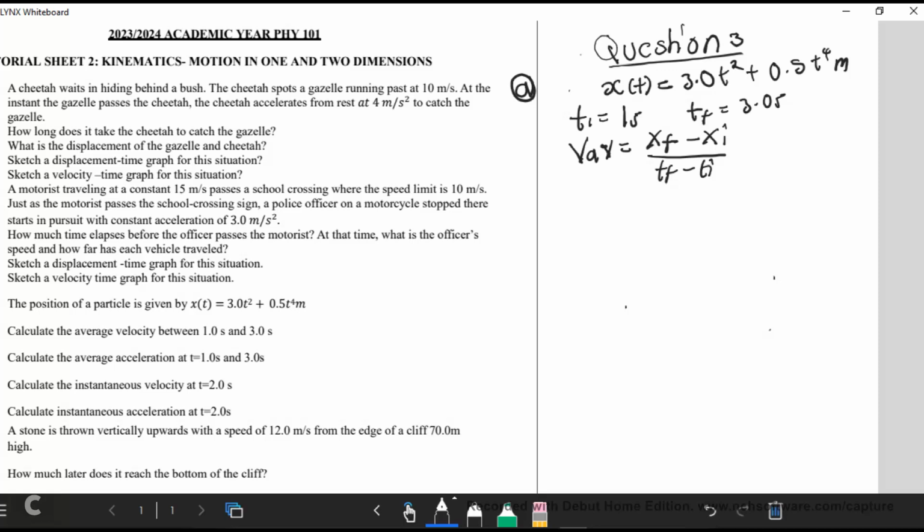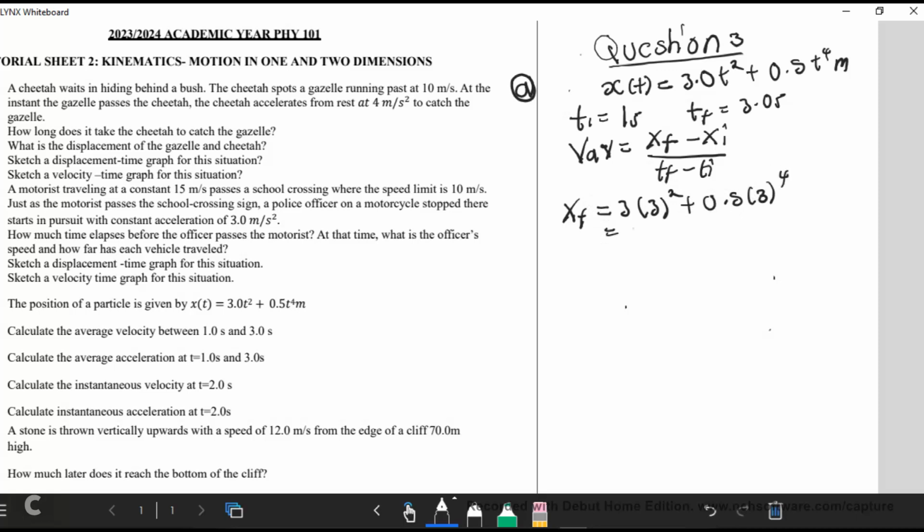Let's say final displacement will be, wherever there's t, you replace with 3, squared, plus 0.5 times 3 to the power 4.